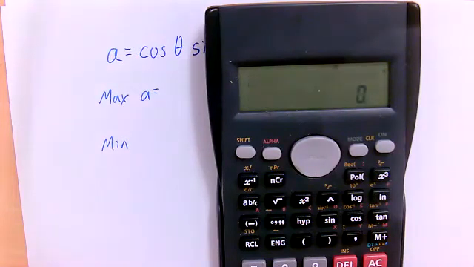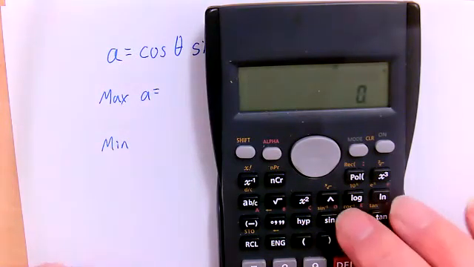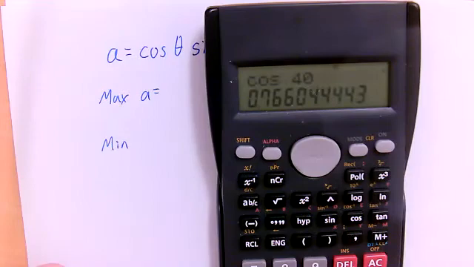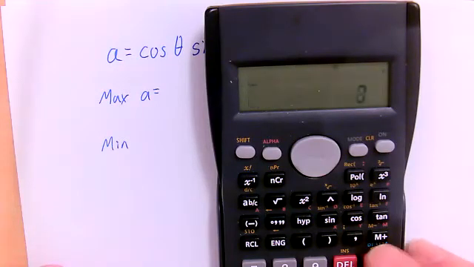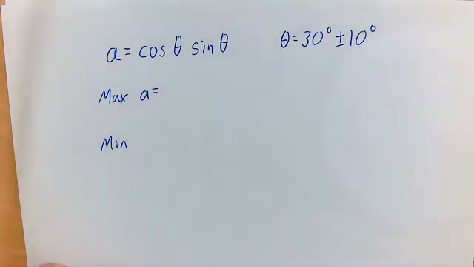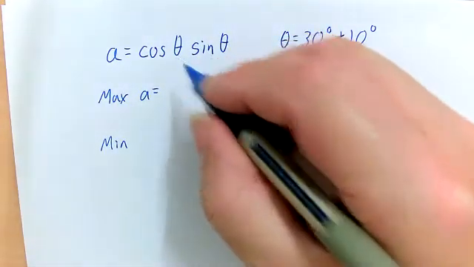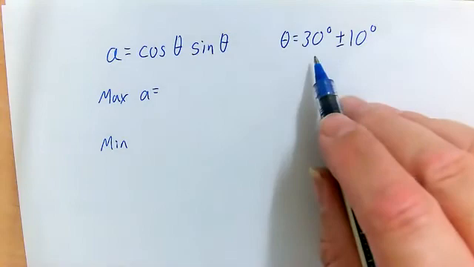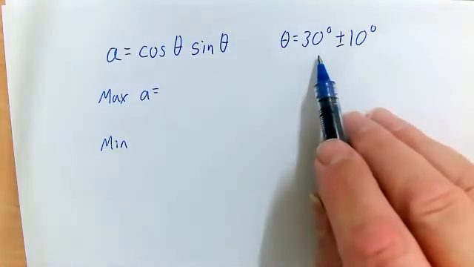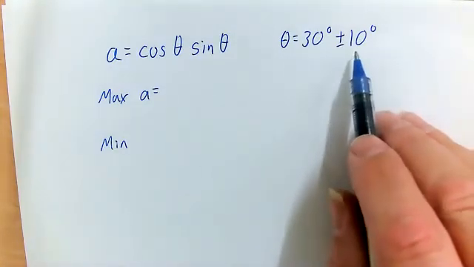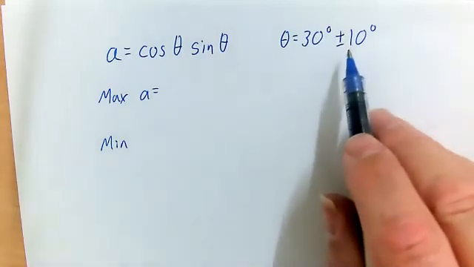If I made that 30 into a bigger angle, 40, you see you get a smaller number. So to get a maximum value, theta needs to be smaller. So if we think about the maximum possible range of values, 30 plus or minus 10 means anywhere between 20 and 40 degrees.